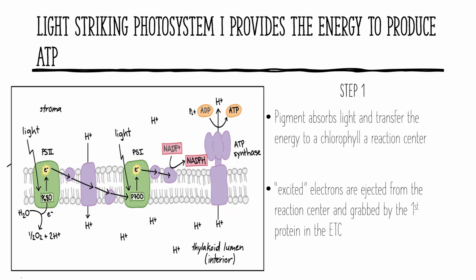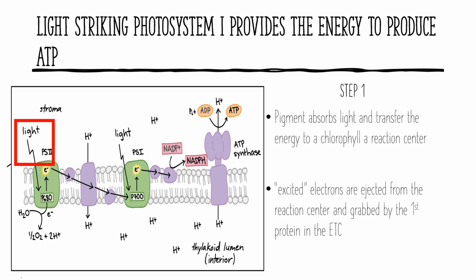Okay, so first we will be discussing photosystem 2. Remember, the first important step is when light strikes. Photosynthesis begins in the cluster of pigment molecules of photosystem 2. These pigments absorb light and transfer the energy to a chlorophyll A reaction center, where it boosts two electrons to an orbital with a higher energy level.